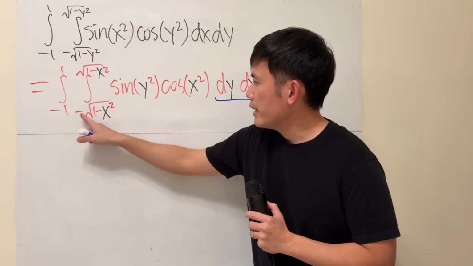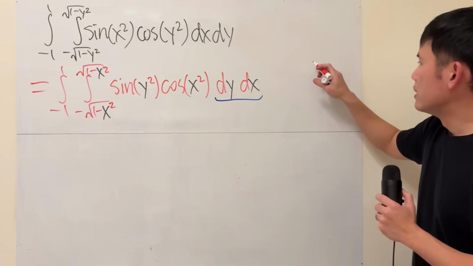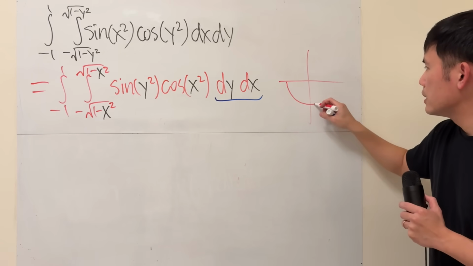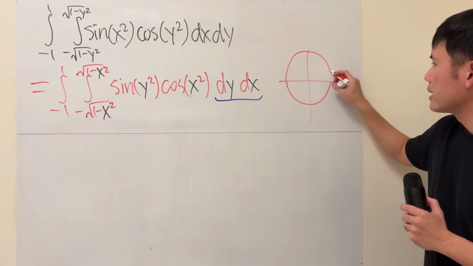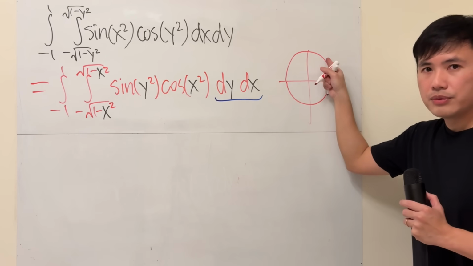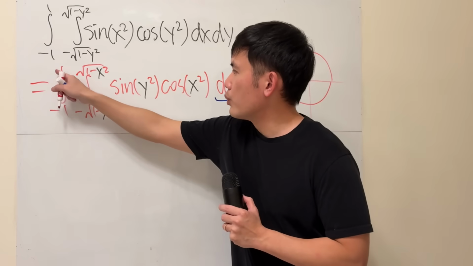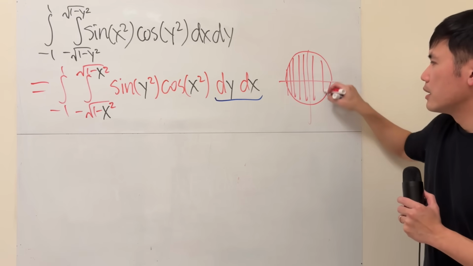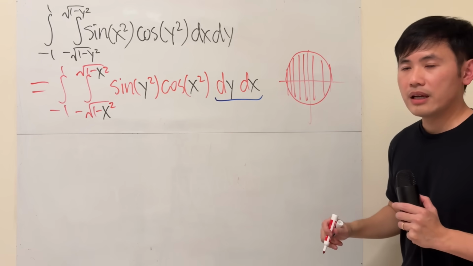So we're going from y equals this to y equals that. So we're talking about the bottom portion, like so, and then up to the top portion, like this. Step 1, step 2. And then we go from negative 1 to 1 in the x. So it's like this. This is the order that we are looking at.